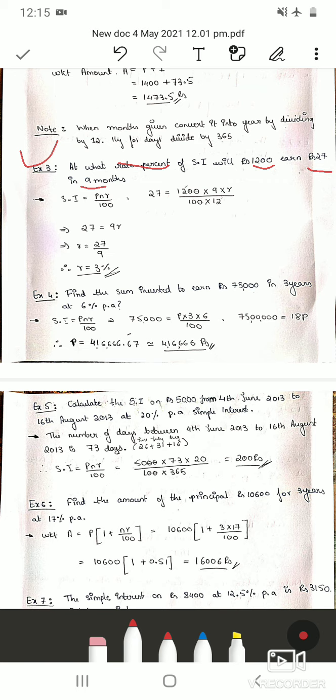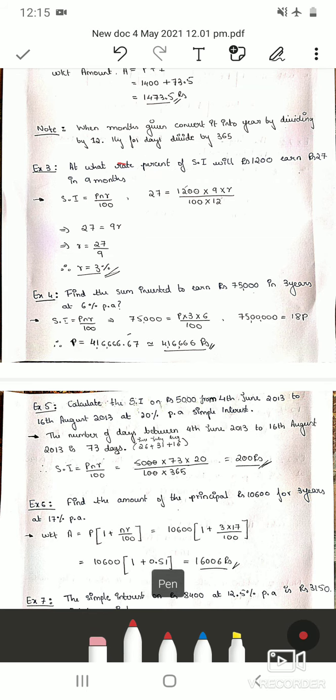It is again in months, so we have to divide by 12 to convert it into years. So read the question and understand. Some students might take 1200 as the simple interest and 27 as the principal amount. Please don't make such silly mistakes. Obviously simple interest will be less than the principal amount, right?